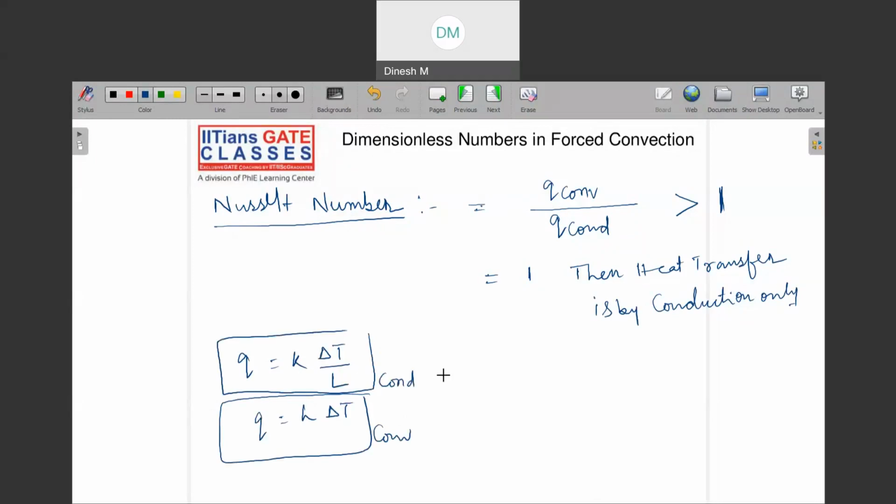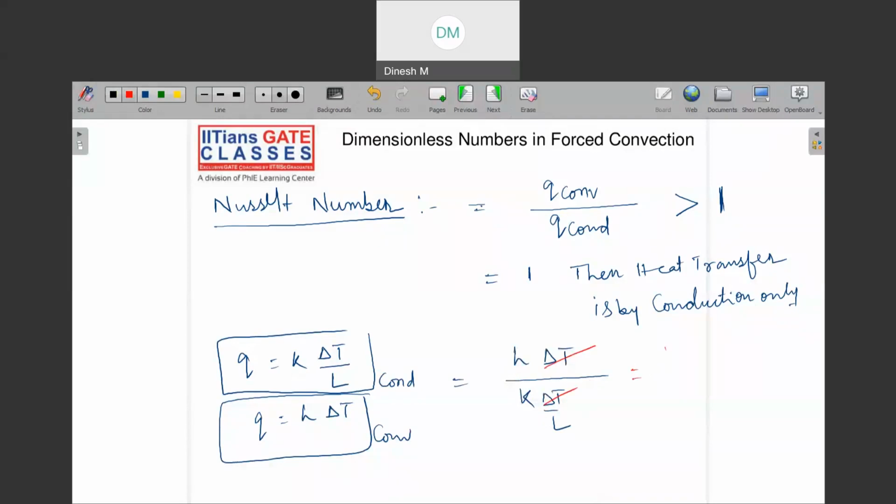Then when you take the ratio of these two, how would your Nusselt number look? We have conduction as K into delta T upon L, and here we have H into delta T. So the delta T and delta T got cancelled out.